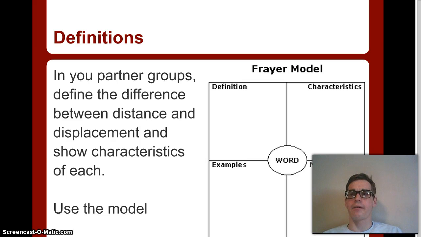Okay, thanks for doing that. Now let's have Harrison and Lissa's group come up and define what they got for distance. Okay, good. Are there any other examples of distance that you can think of?